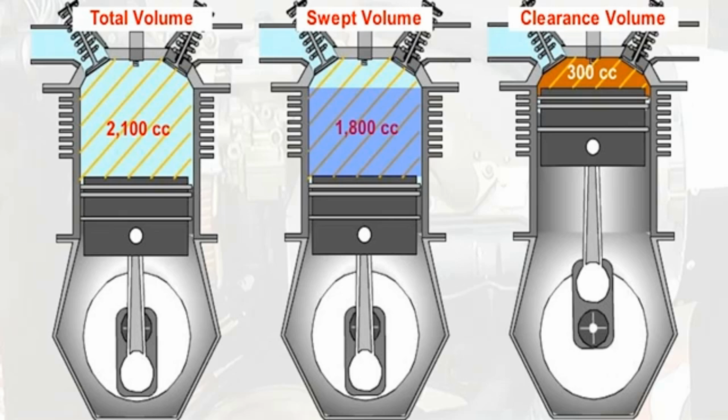Then we must divide the total volume by the clearance volume. That is 2100 divided by 300, and the answer is 7. So the compression ratio of this engine is 7 to 1.